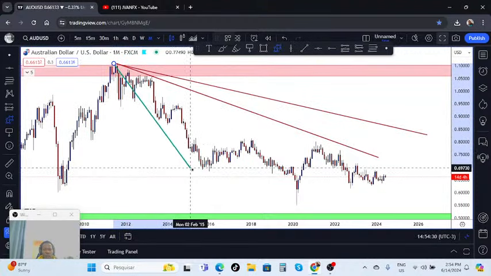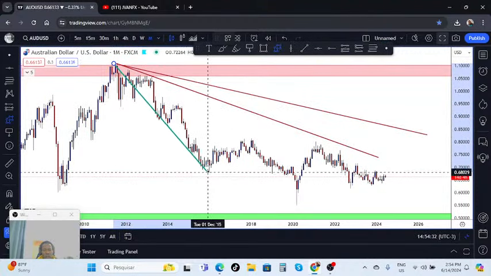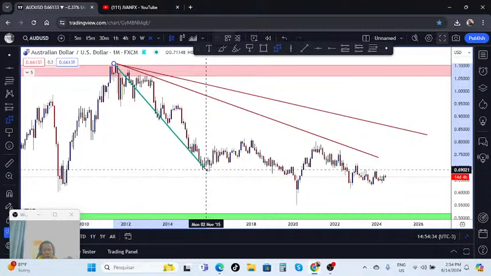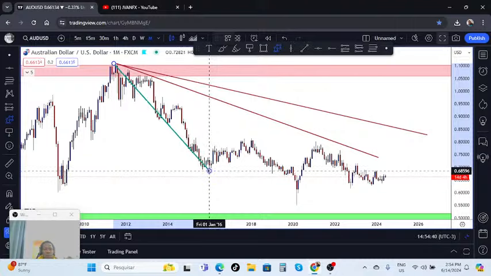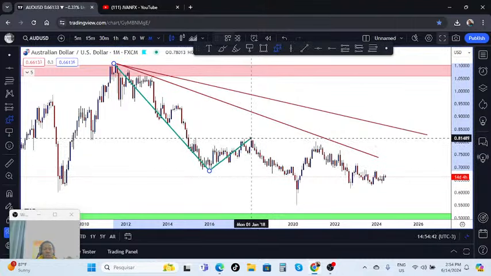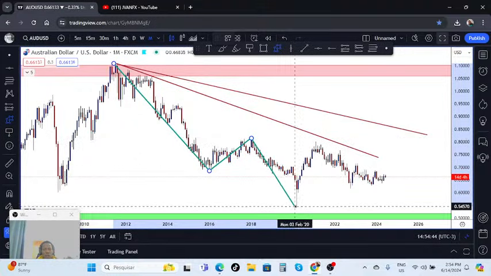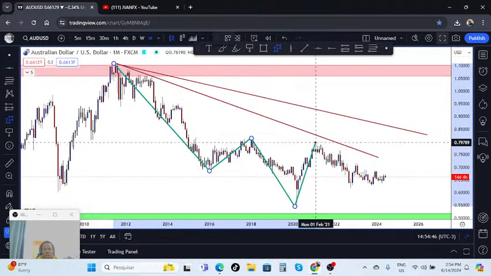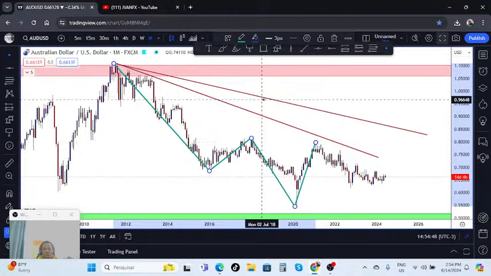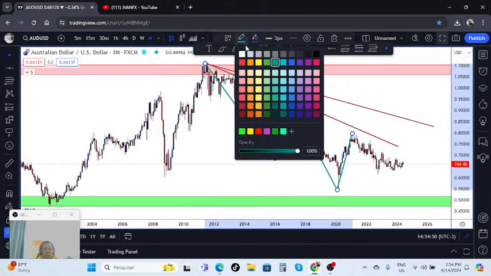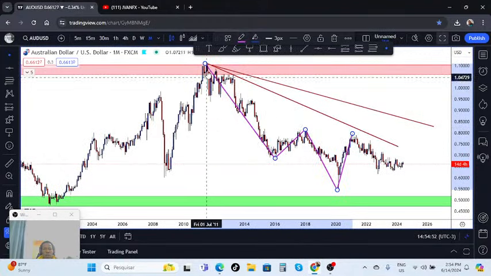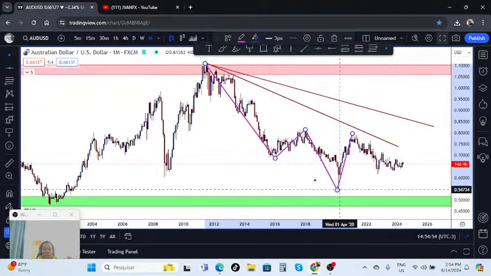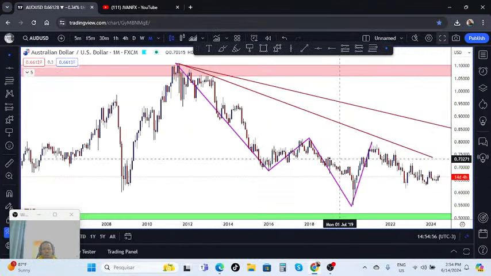Extension is always longer than retracement, or in another vocabulary, impulse is longer than correction. So this is the impulse, this is a correction, and this is another impulse, so extension, retracement, extension.